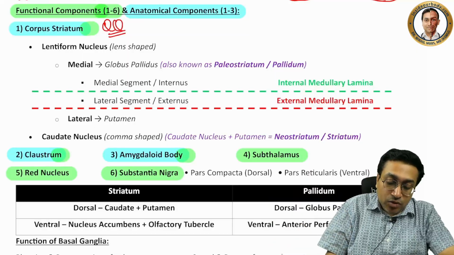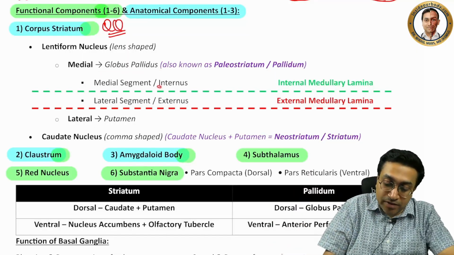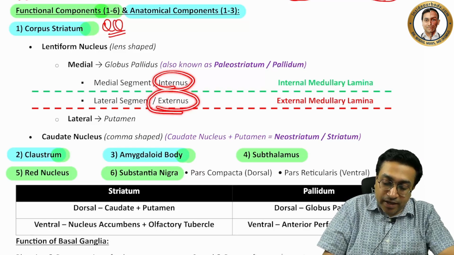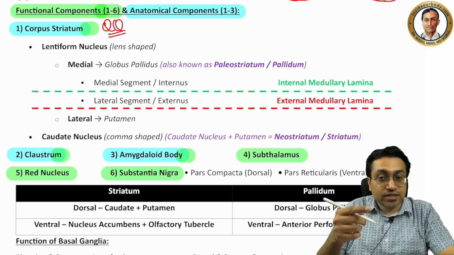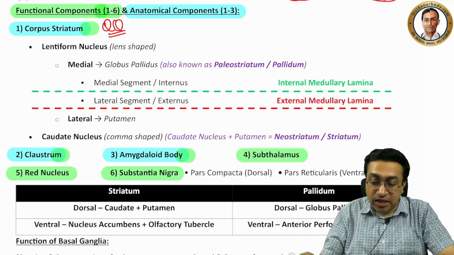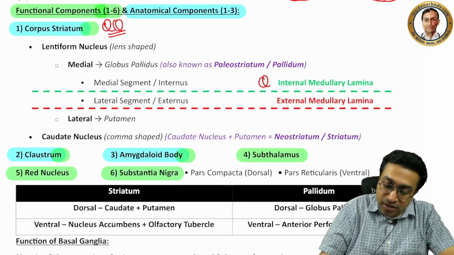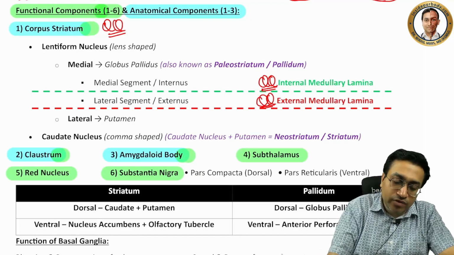Okay. Now see, Globus pallidus has further two parts, Globus pallidus internus and GP externus. Now these externus and internus are separated by medullary laminas. Okay, and this has been a recent MCQ in the entrance exam only regarding the laminas. They are very fond of asking these laminas.